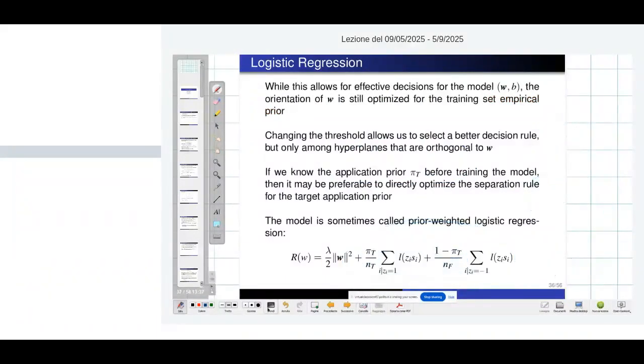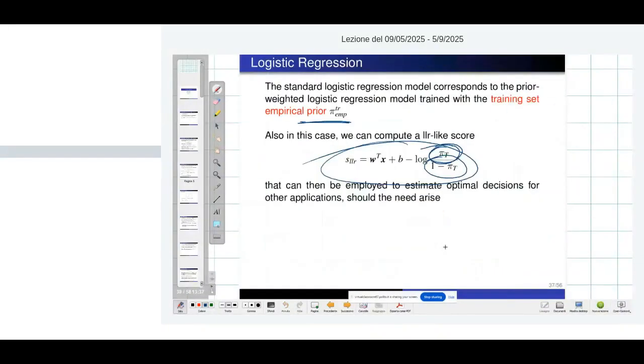So with this model, we can control the prior we train the model for, and then we can compensate that to obtain a log-likelihood-ratio-like score. Now the question is why we should do this if we train the model directly for a given application. That's because these two processes, train with the empirical training set prior or train for a specific application, correspond to different use scenarios.